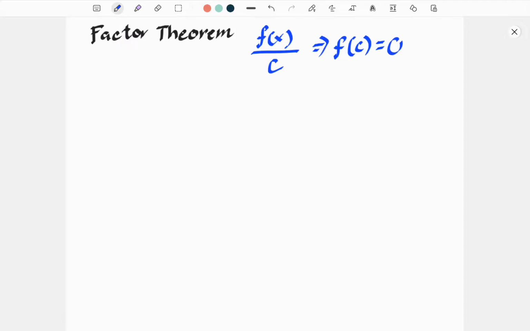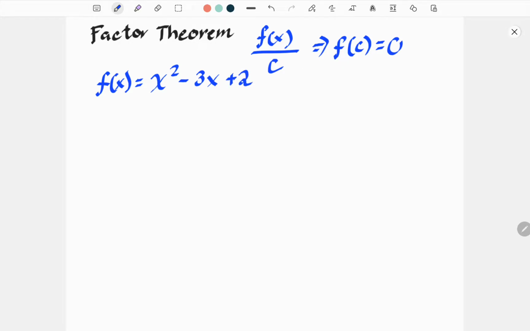So for example, if we have f of x, I'll just make it a little bit simple so that we could look at whether that is a factor or not. So we have x squared, I'm using a quadratic, so you have x squared minus 3x plus 2.